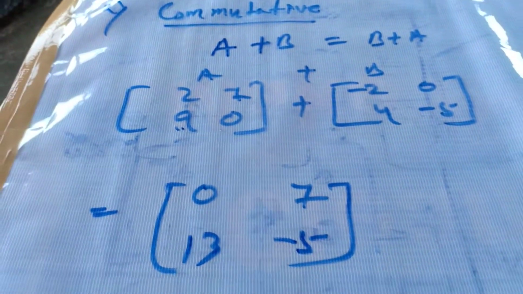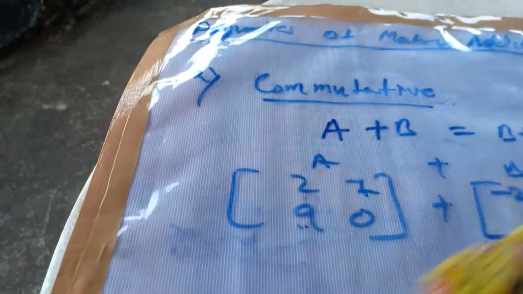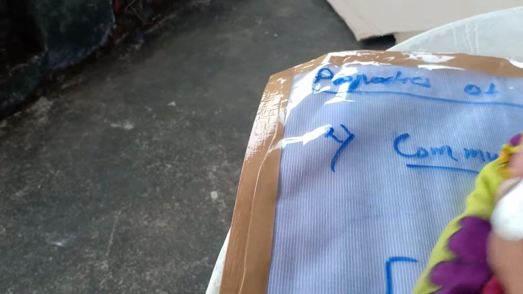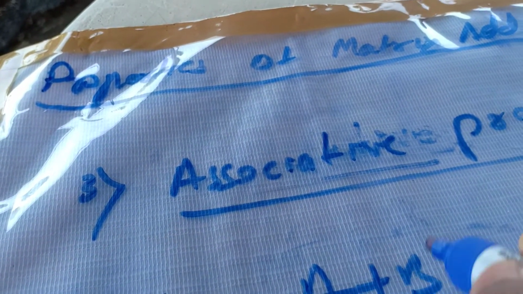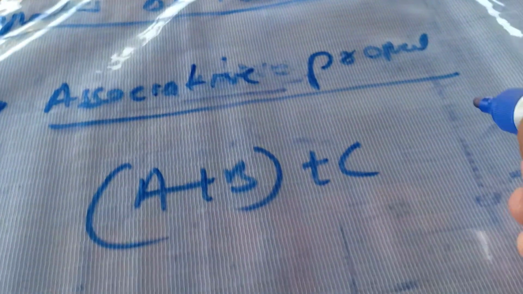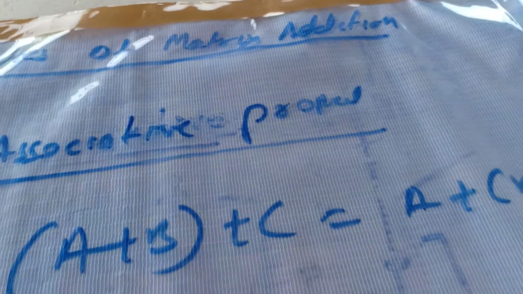Similarly, we go to the third property, called the associative property. This is the same addition, changing the order, but for three matrices. Suppose there are three matrices: A plus B plus C equals A plus B plus C. Here I will not take an example.